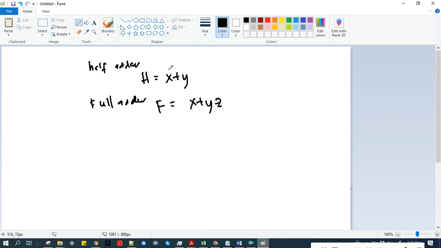For the half adder, we only have two 1-bit inputs, X and Y. But for the full adder, we have X, Y, and Z, and the Z is our carry from the previous adder.